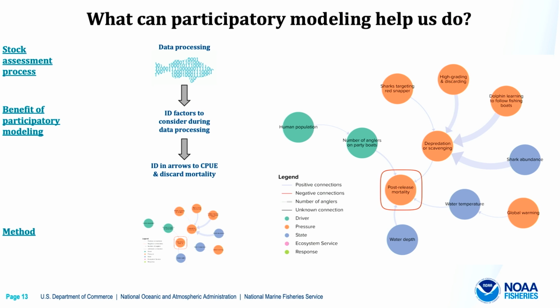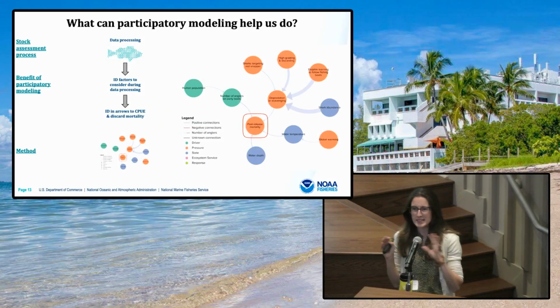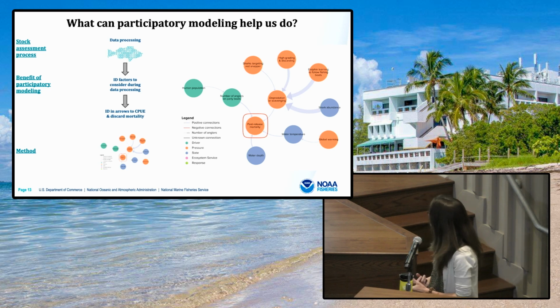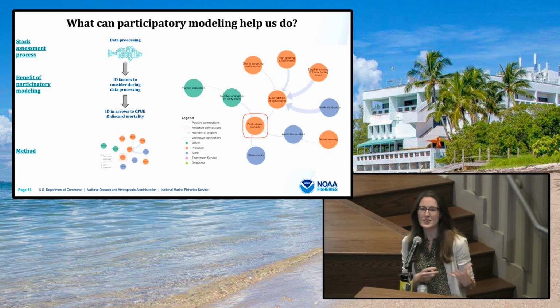This node here says depredation or scavenging. Depredation is when a fisherman hooks a fish, is reeling it in, and all of a sudden a big shark comes over and takes a chunk out of it, right? So basically, non-target predators are catching these fish that have already been hooked. This is a source of mortality that previously was not being considered in a stock assessment context. We just weren't really thinking about that mortality.